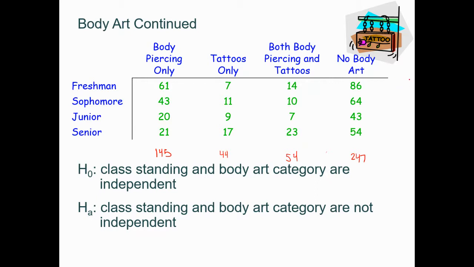So how many freshmen did they survey? 68. And what about sophomores? 128.